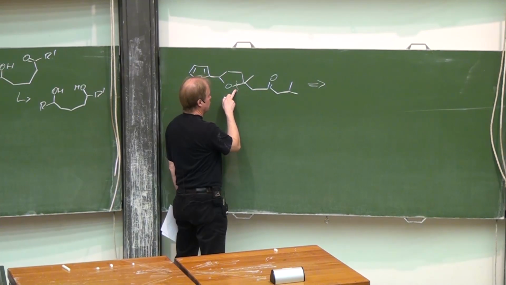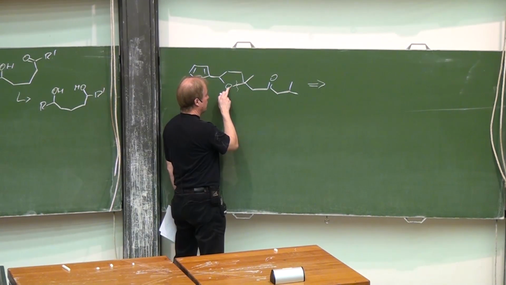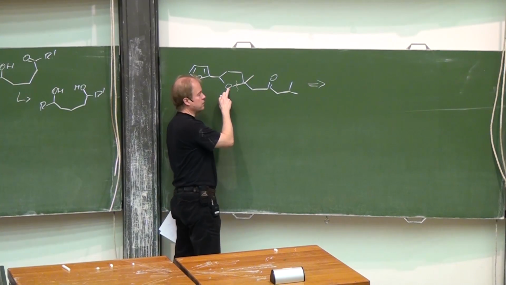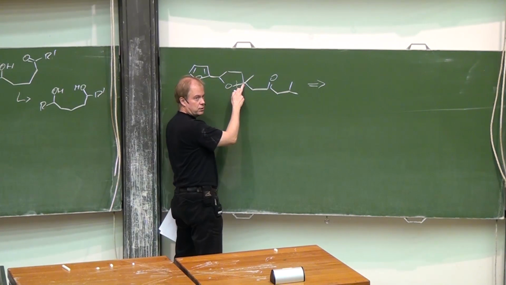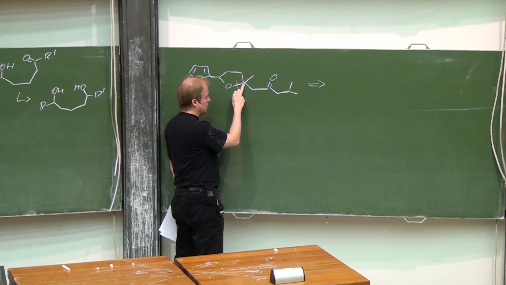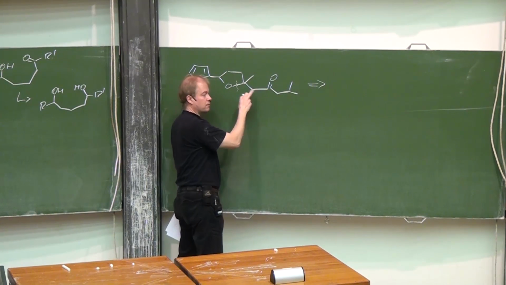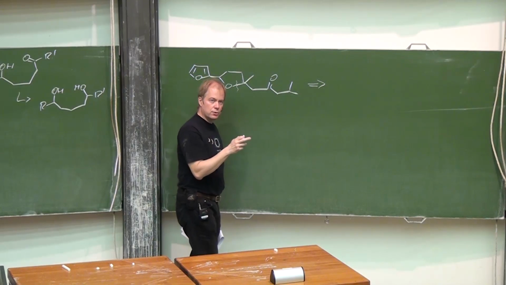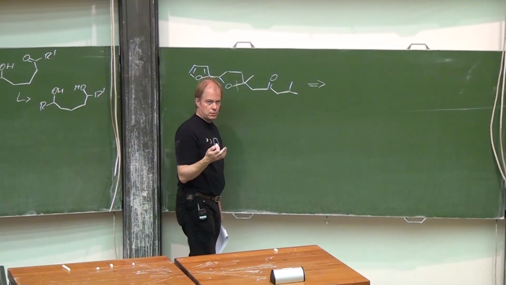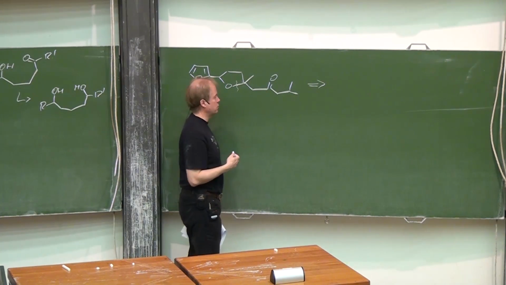Since, of course, as a synthon, we would say we should have a donor reactivity here, there acceptor reactivity, and acceptor reactivity in beta position of a carbonyl group is a good idea, since alpha, beta unsaturated ketones exhibit acceptor reactivity in beta position. Yeah?